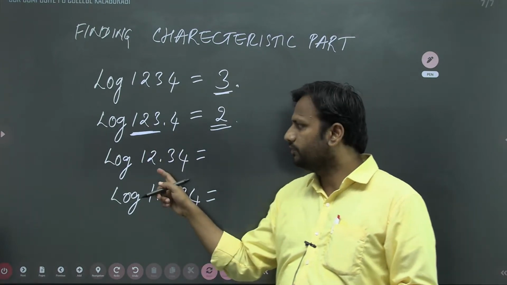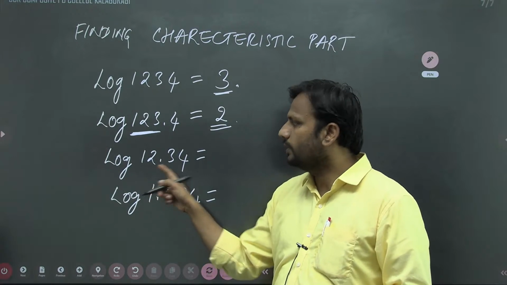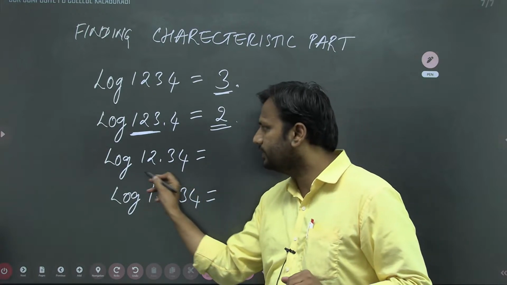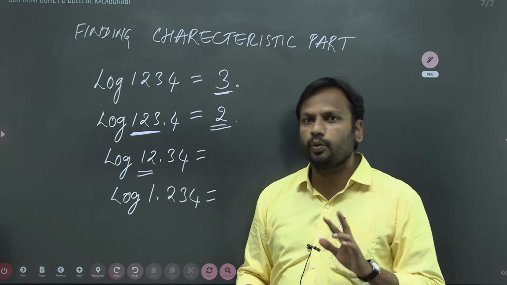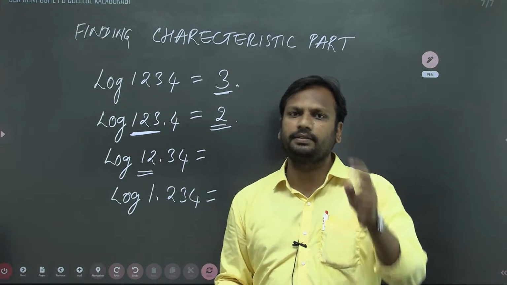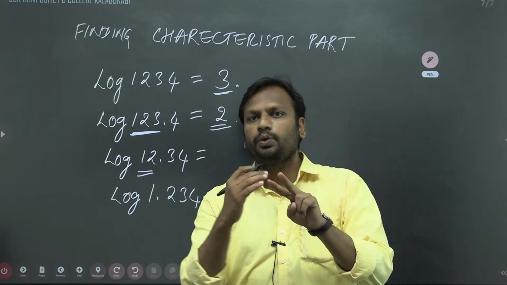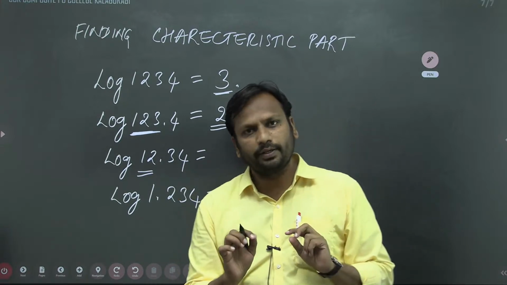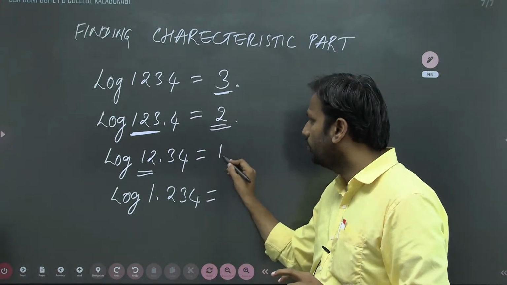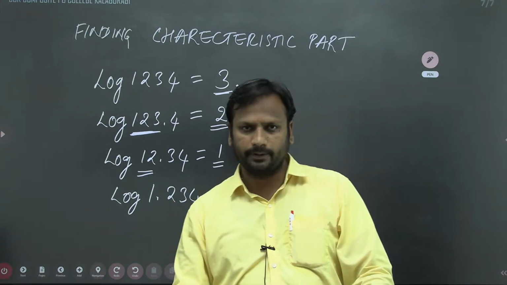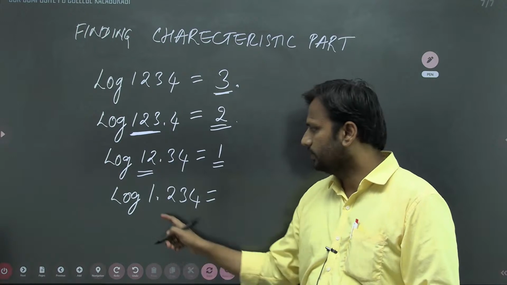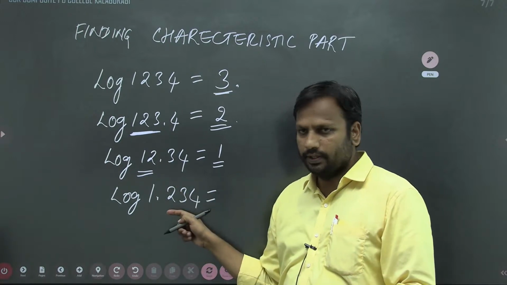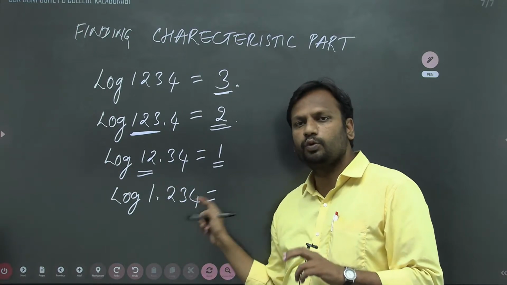Now go for this one, students. 12.34. How many digit number is it here? 12 is how many digit number? It is a 2-digit number, students. 2-digit number minus 1, how much do you get? 1. 1 is the characteristic part. Now go for the next one here, 1.3234.